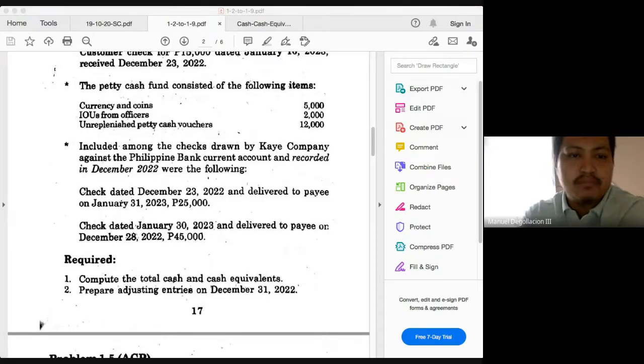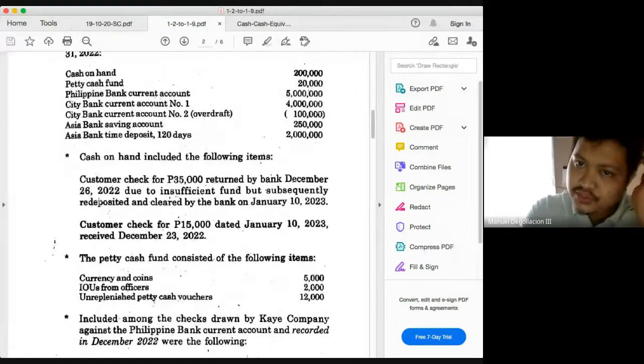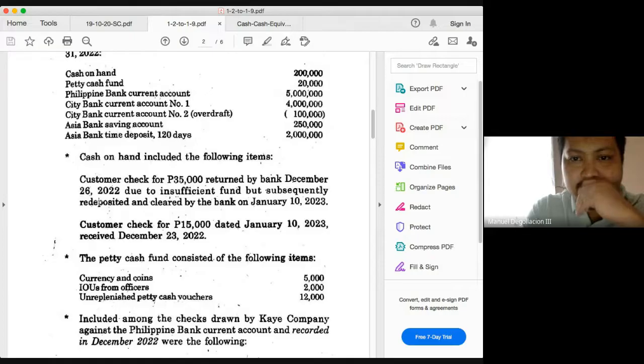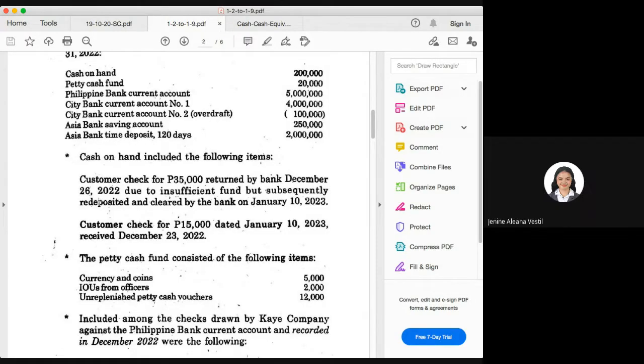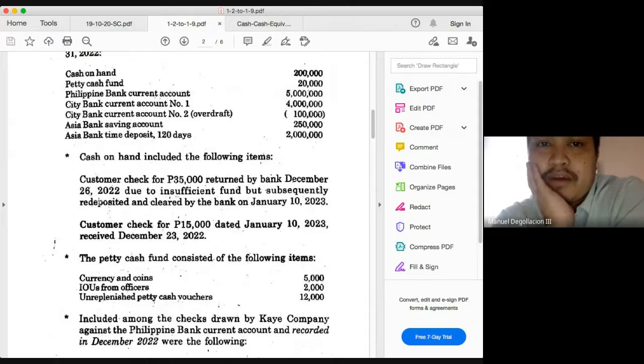So that means our cash in bank balance for the Philippine Bank current account should not be 5 million, but 5,070,000. Cash on hand, as we identified earlier, what should be the balance, class? Was it 150,000, sir. Yes, 150,000. So cash on hand 150,000, petty cash fund 5,000, and Philippine Bank current account 5,070,000.